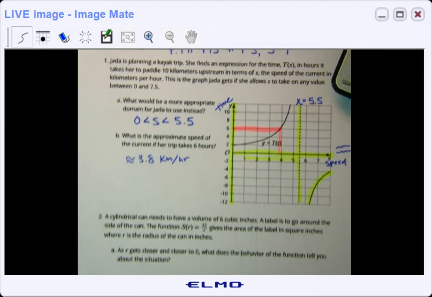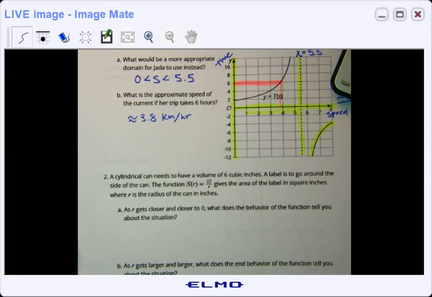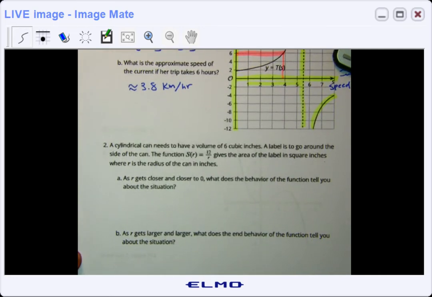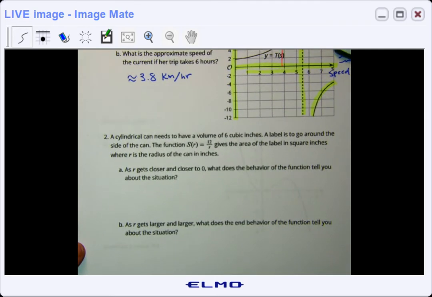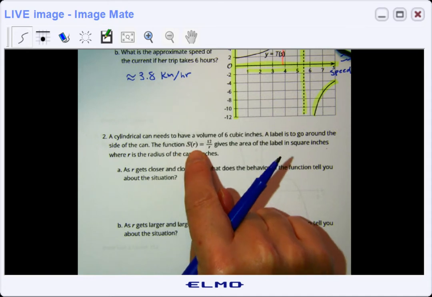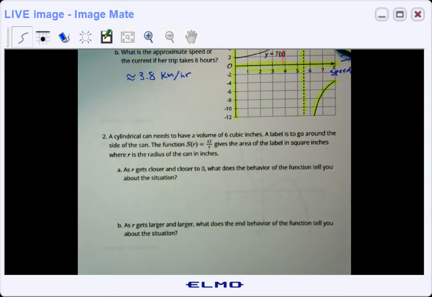All right, on number 2, it says a cylindrical can needs to have a volume of 6 cubic inches. A label is to go around the side of the can. The function S of R equals 12 divided by R gives the area of the label in square inches, where R is the radius of the can in inches.